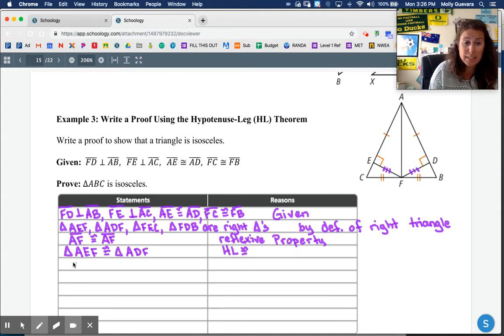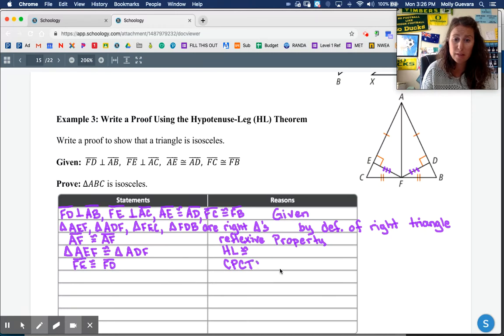So I can say that FE is congruent to FD. Right? If the triangles are the same, then every part of the triangle is the same. And the reason that we use is CPCTC. Okay?